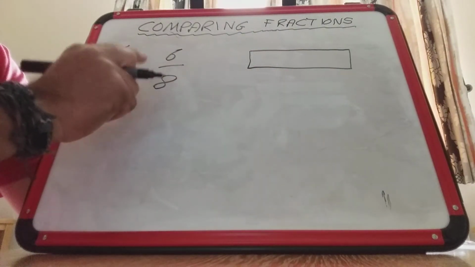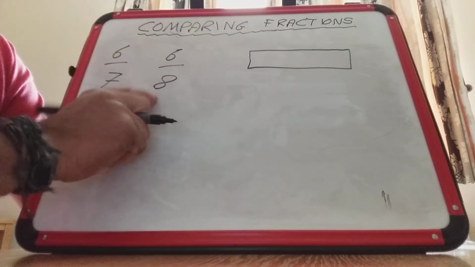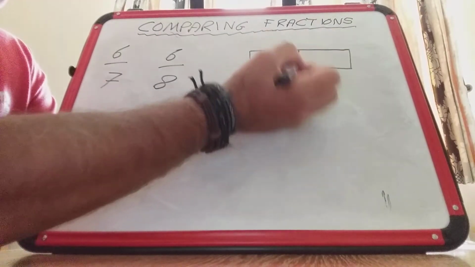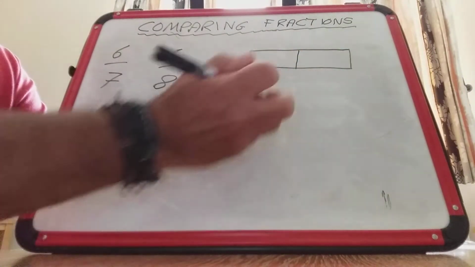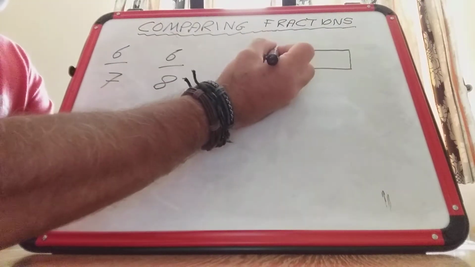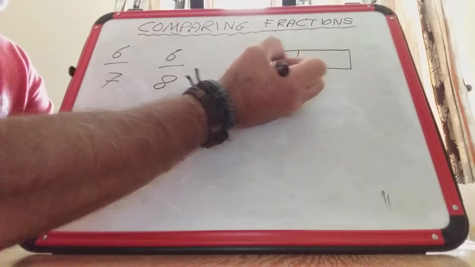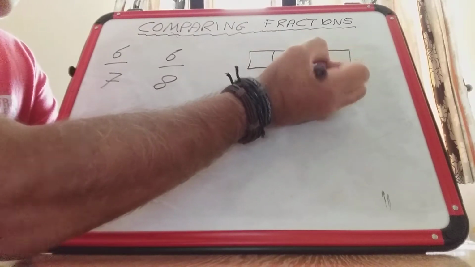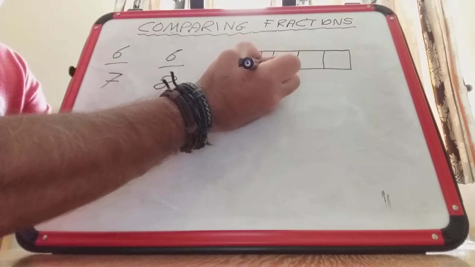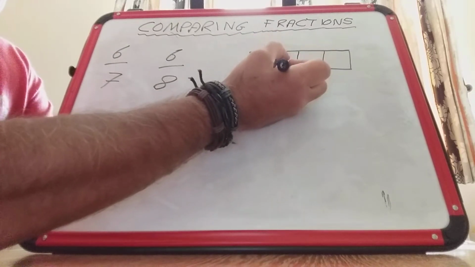For 6/8, that shouldn't be too difficult, because to divide a rectangle into eighths, you first divide it in half, then divide each rectangle that's left in half, and each of those rectangles in half as well.